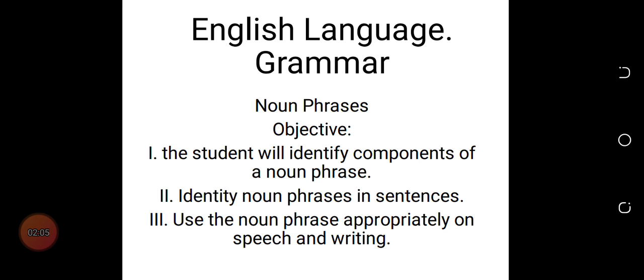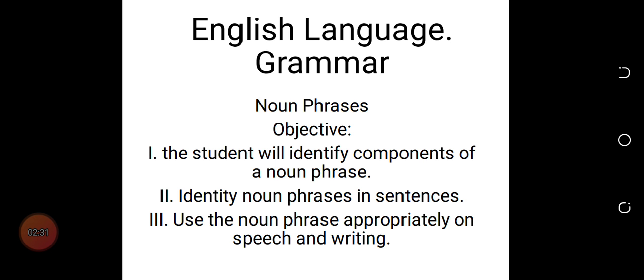We say that it does not contain a verb. It also does not contain a subject. So a phrase in general does not contain a verb or a subject. It also means that it is a part of a sentence, a part of a whole sentence. I hope that is clear.